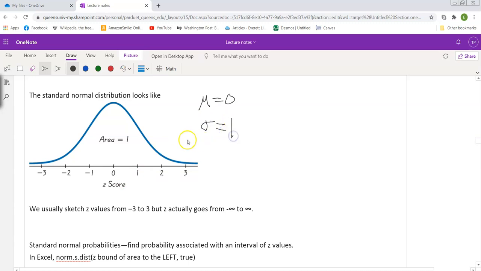And so where the standard deviation is 1, that means we usually sketch from z of -3 to z of +3. But keep in mind that the distribution, as we said earlier, really keeps going. And we usually only stop sketching here because this line gets so close to the axis.